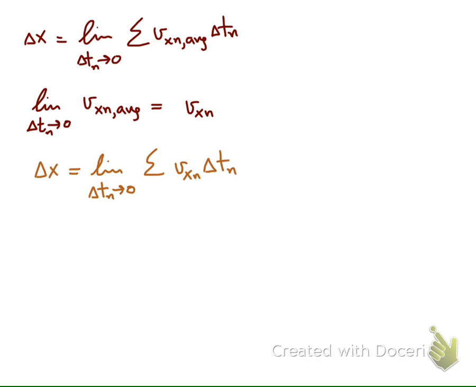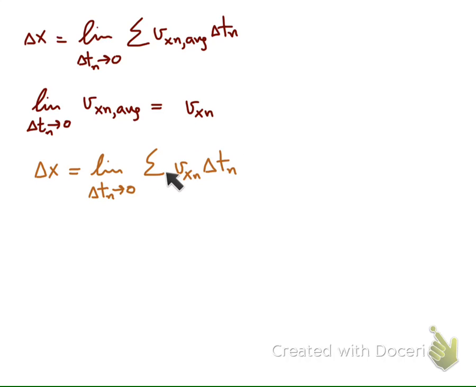Okay, this kind of equation is a summation of a large number of pieces, each with a small value. Delta t_n can be very small because we take the limit here.